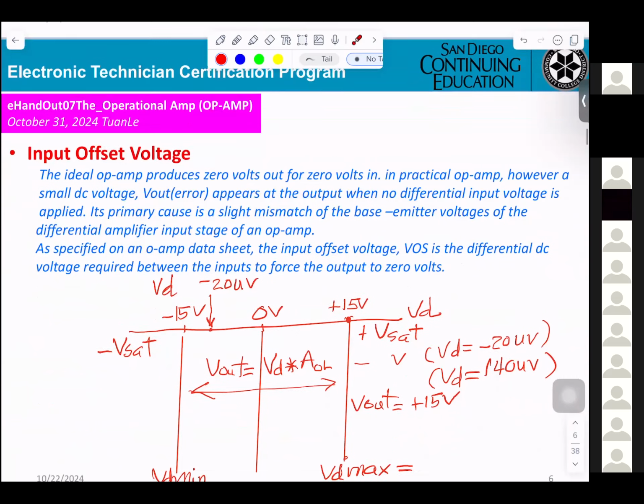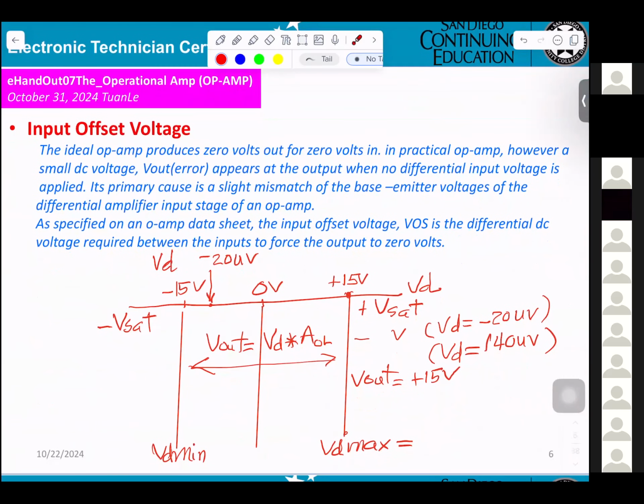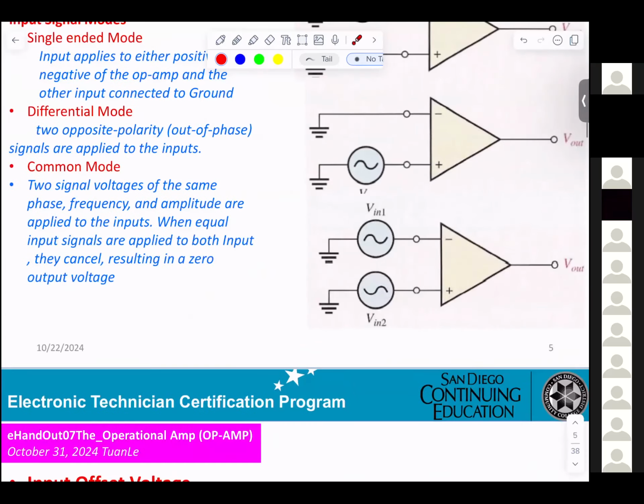So after you calculate it, you get the Vout higher than 15, so the op-amp is saturated and the output will be equal 15. Same calculation: if you get the Vout more negative than minus 15, then the op-amp is saturated and the voltage will be minus 15 volt.